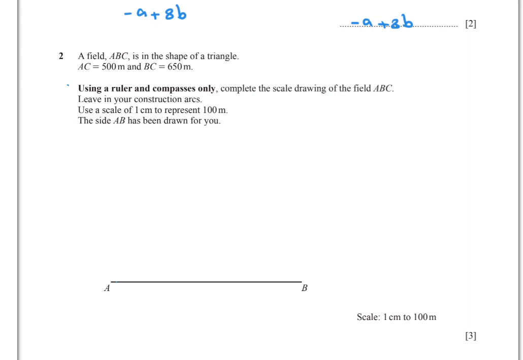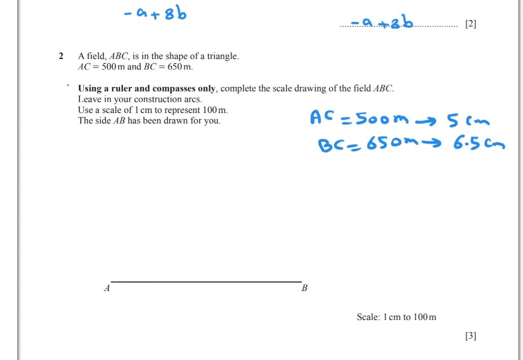For the scale, 1 centimeter represents 100 meters. So AC, 500 meters, will be represented by 5 centimeters. And BC equals 650 meters, so divide by 100, and it will be represented by 6.5 centimeters.